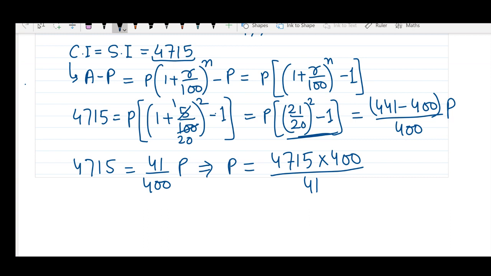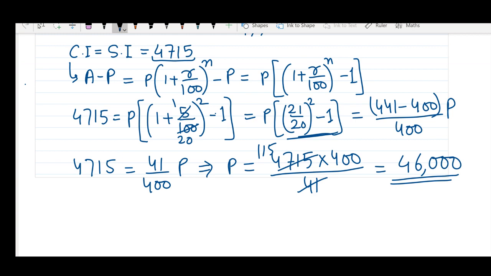So if we calculate it, let's calculate 4715 divided by 41. It is 115. So 115 into 400, you will get the complete answer as 46,000. So the amount will be 46,000.